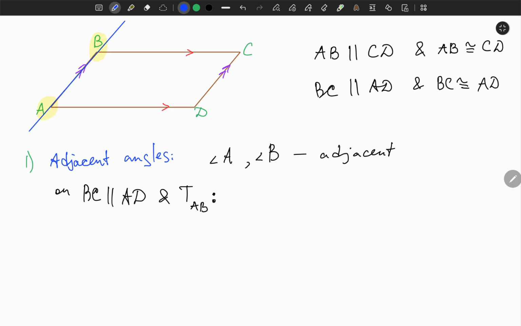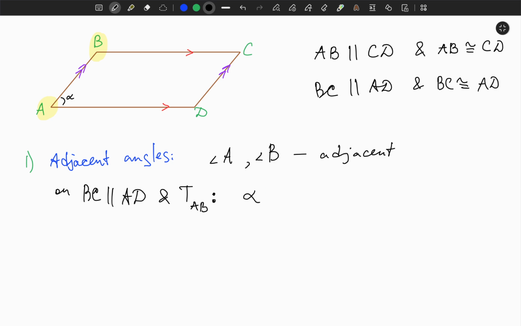We know that this angle, let it be angle alpha.